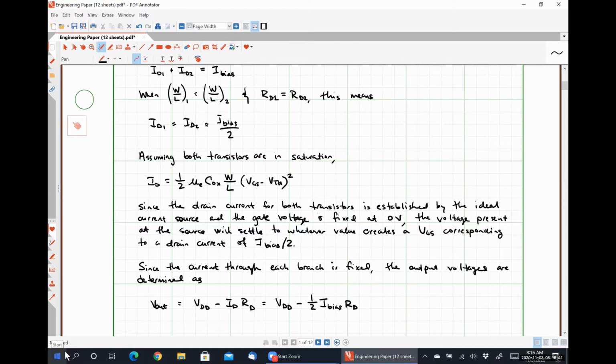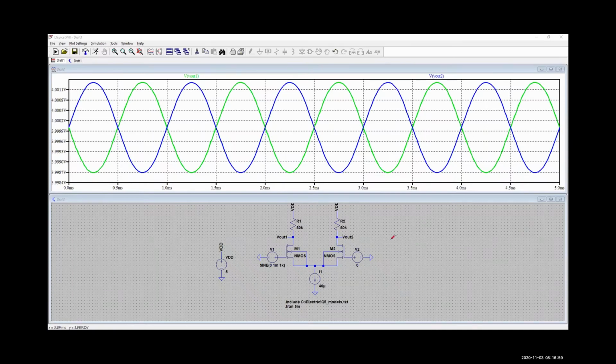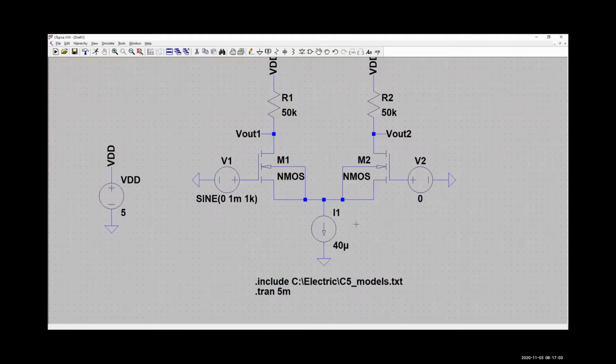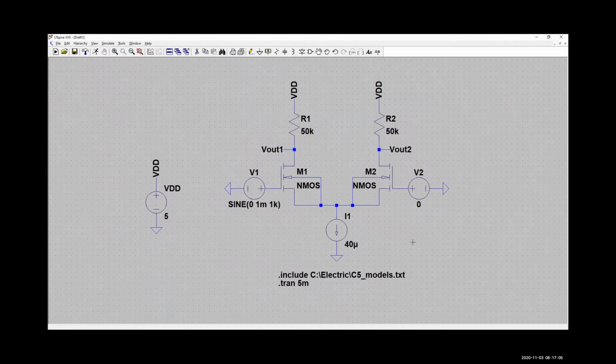So let's see. All right, so this is something I was playing around with this morning, and I have made a simple differential MOSFET amplifier circuit.